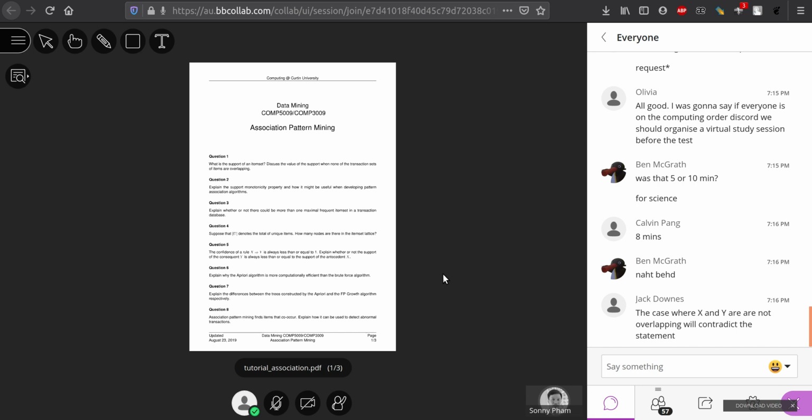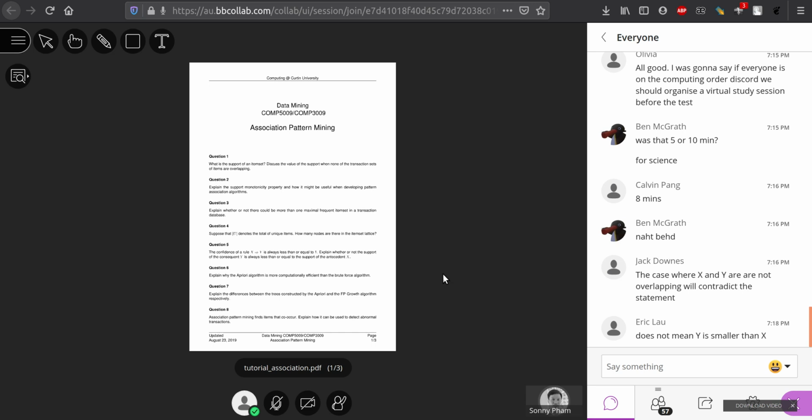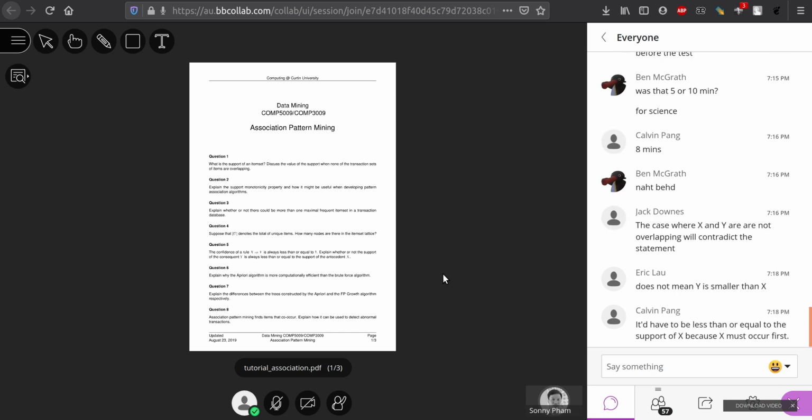Does anyone else have any idea about how to answer this question? Kevin said that the support of y should be less than or equal to the support of x because x must occur first.